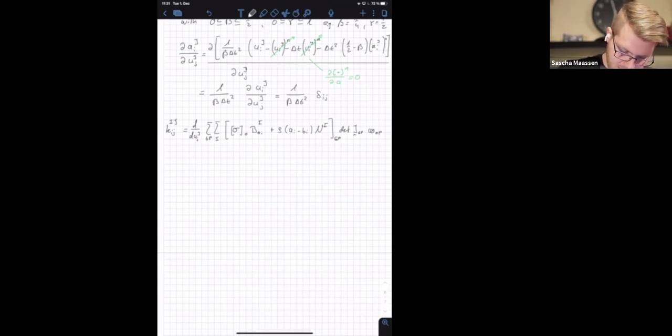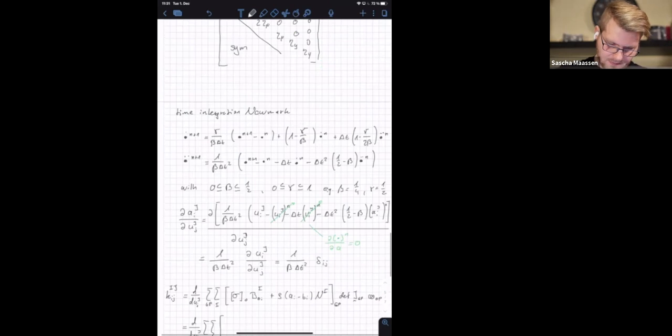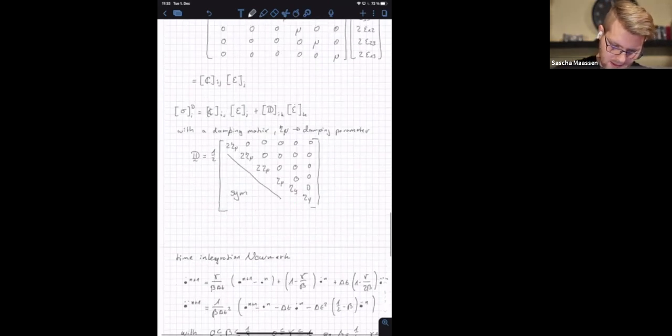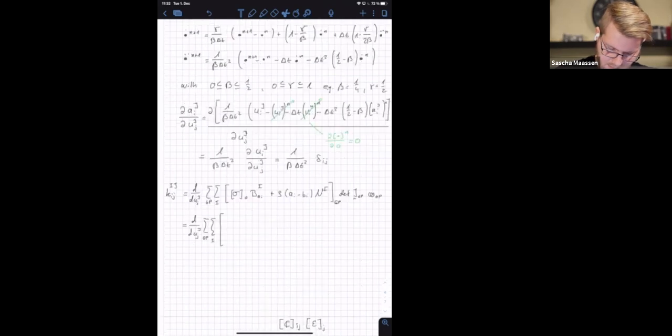Okay. So the first thing we do is we insert the constitutive law and the interpolation for our accelerations here. And here I am just using the non-dynamic part.